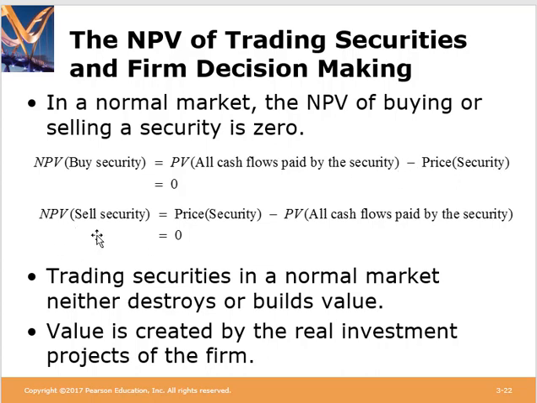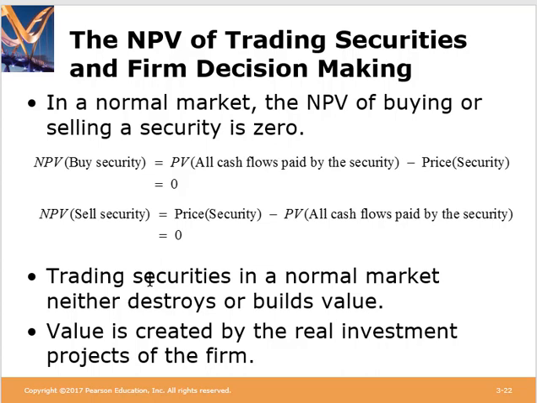And the net present value of selling that security is the price of the security minus the present value of all the cash flows paid. Those things net to zero. So trading securities in a normal market neither destroys nor builds value.